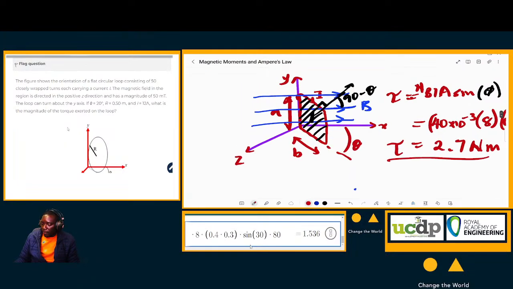So how does that work? You can think of it this way: if the loop lies along the x-axis, then its normal is parallel to the z-axis. When we shift the loop about the y-axis by an angle theta towards the z, its normal also shifts.